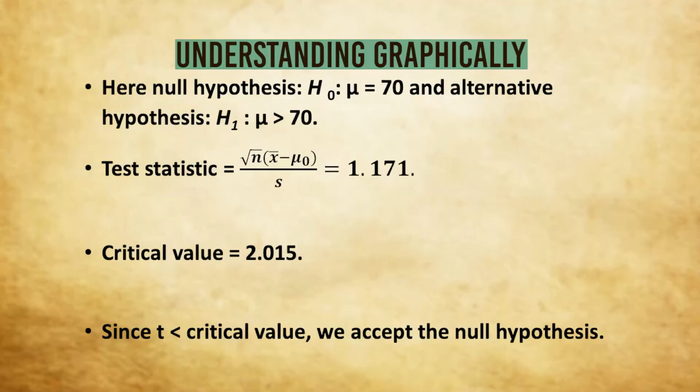Here again I will point out one thing: had the sample been different, if we had selected 6 other students, their scores could have been more and the value of the test statistic could have been more than the critical value. Then we could have rejected the null hypothesis, unlike what we are doing here.